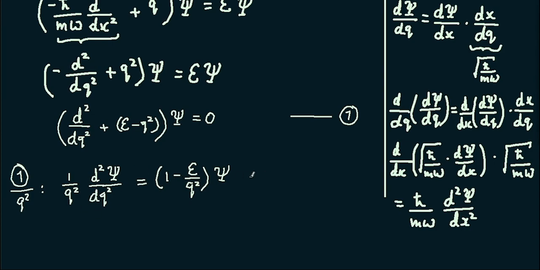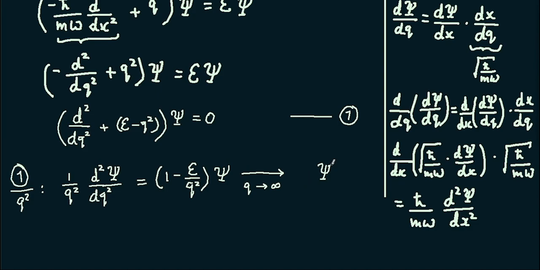Now the reason we did that is because we want to see what happens as q goes to infinity. So we want to see how this equation behaves for large values of q. So when q is big, q squared is big, therefore epsilon over q squared will be small. So the right side would tend towards ψ.